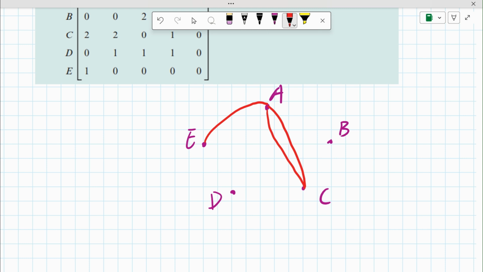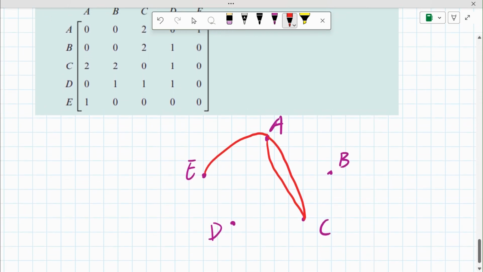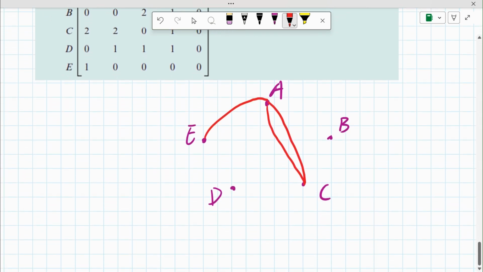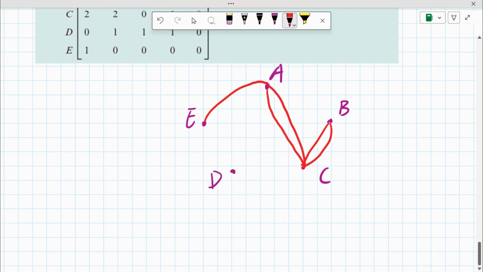Next we go with B. B to A, there's no connection. B to B is no connection, but B to C has 2 connections. B to D has 1 connection.